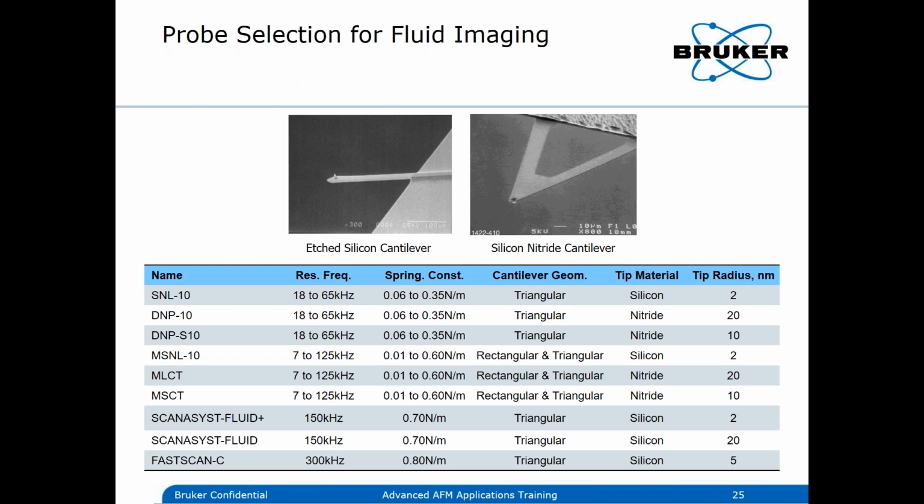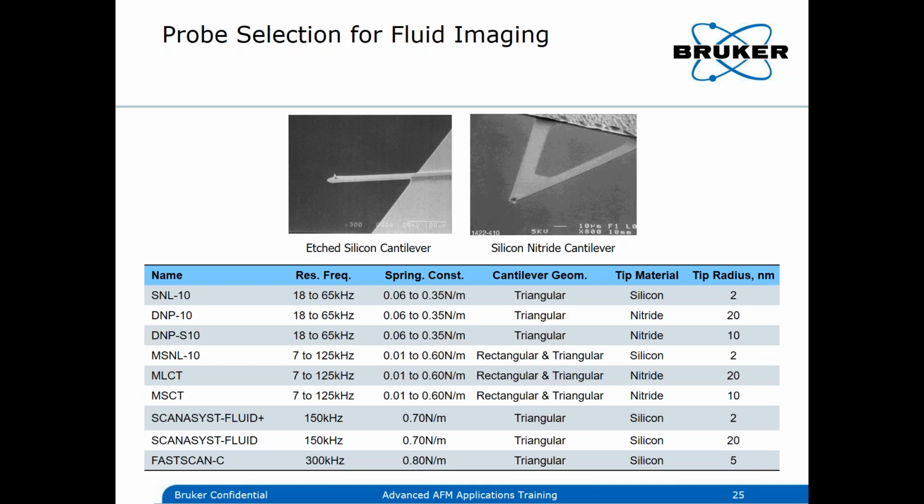You can use the DNP probes, which have similar spring constants, but they have a larger radius, as well as the DNPS probes, which are also made more for biological samples, where we sacrifice sharpness of the tip versus stability of the cell membrane, for instance.